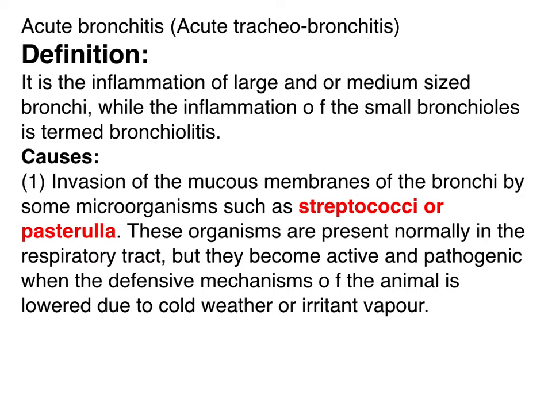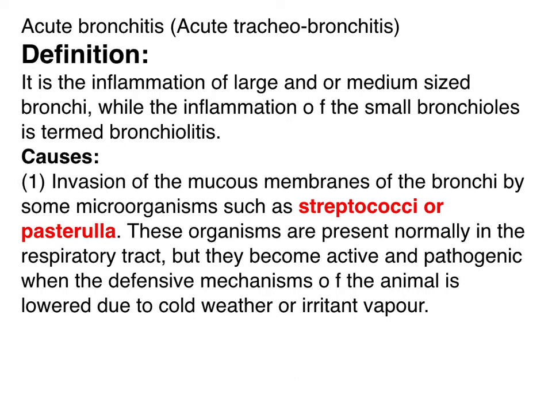It causes invasion of the mucous membrane of the bronchi by some microorganisms such as streptococci or bacilli. These organisms are present normally in the respiratory tract, but they become active and pathogenic when the defensive mechanism of the animal is lowered due to cold weather or irritants.